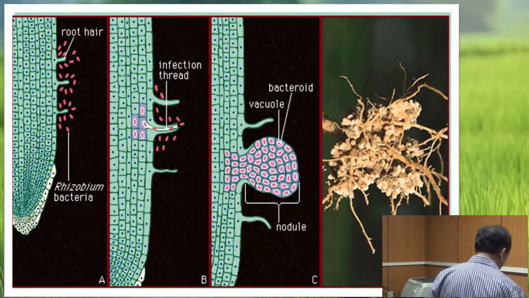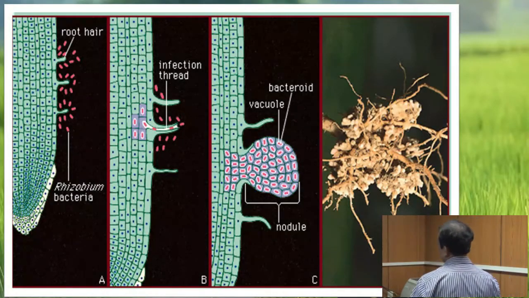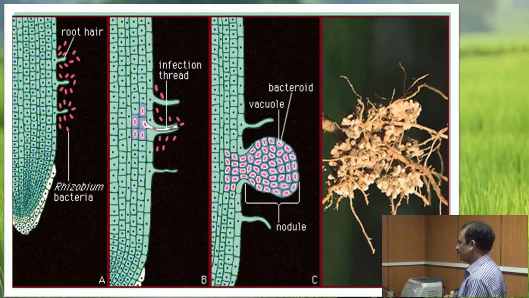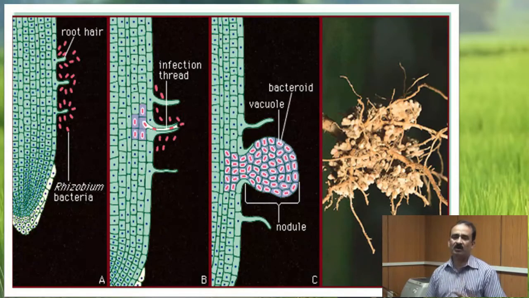The root cortex and cuticle layer swell like eggs and look like a nodule. That's why we call it the root nodule. So from the first step to the third step, it goes from the root hairs to the developed nodule form.